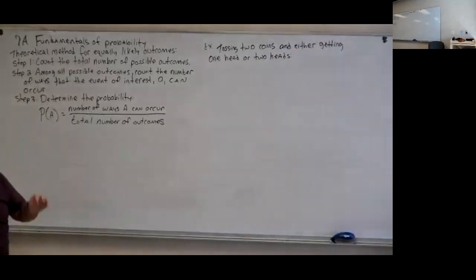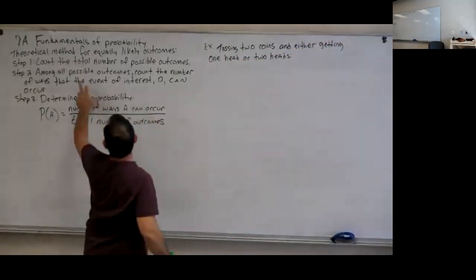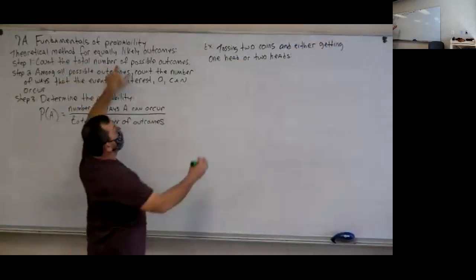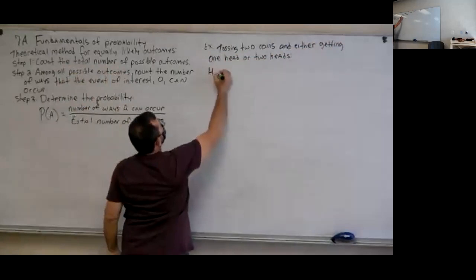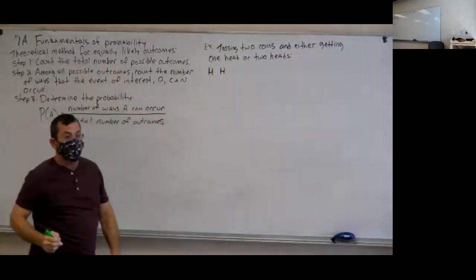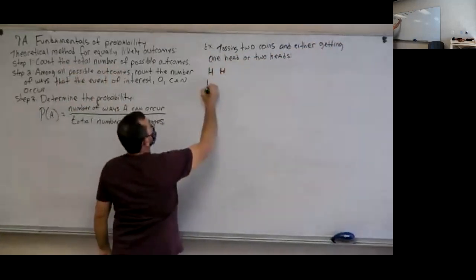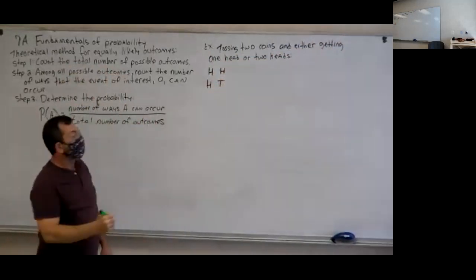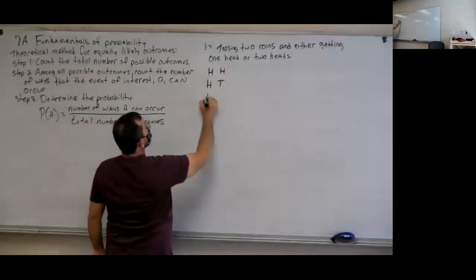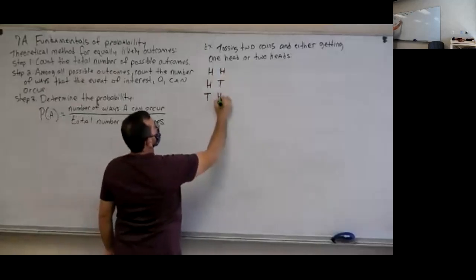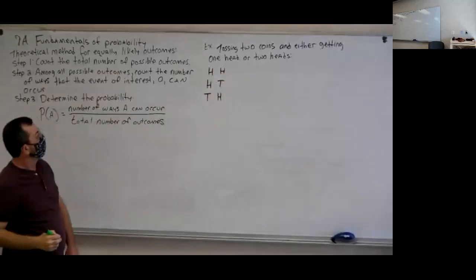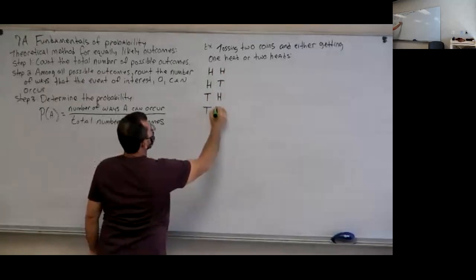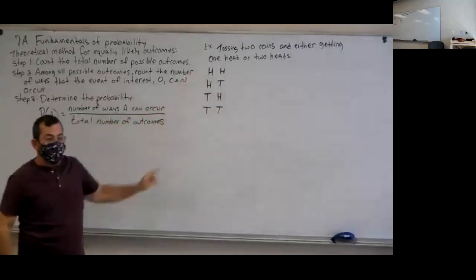Now I'm going to list all possible outcomes of tossing 2 coins, right? So if I toss 2 coins, I could get a head and a head. I could toss them and get a head and a tail, right? Well, what if I tossed it and the first one was a tail and the second one was a head? And then what's left? A tail and a tail. So I've got 4 possible outcomes, right?